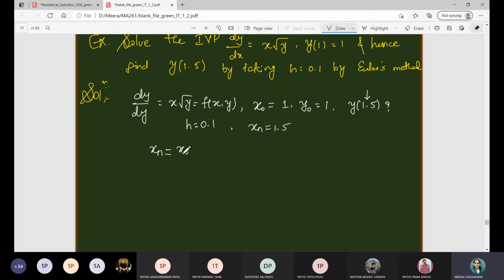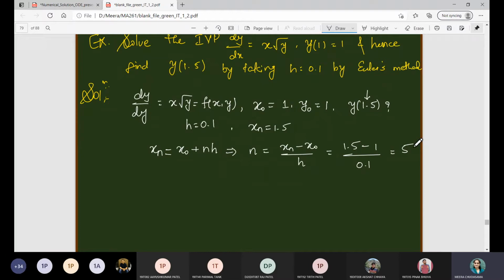What is xn? xn we have considered as x0 plus nh. So from this I can write n as (xn minus x0) upon h. So xn is 1.5 minus 1 upon h, which we are given as 0.1. So what is 0.5 upon 0.1? 5. So total iterations we have to consider is 5.